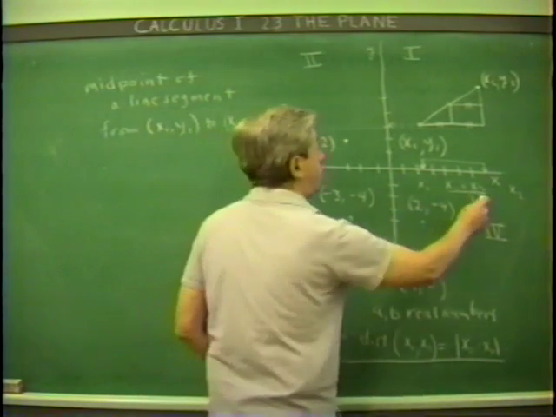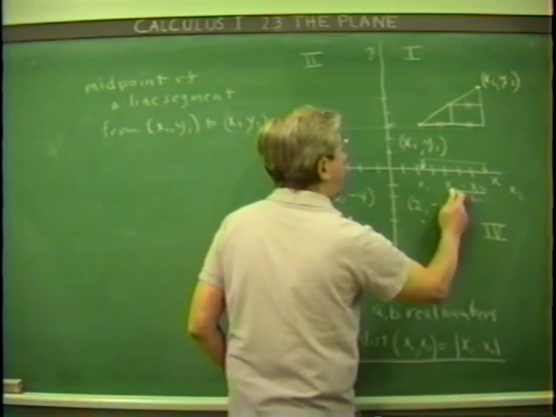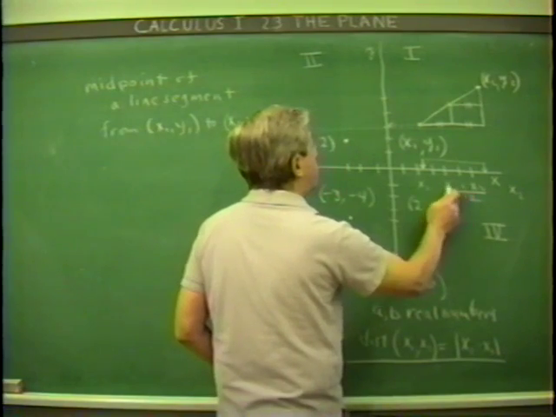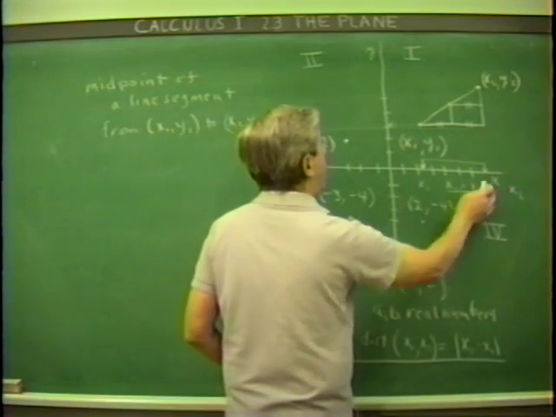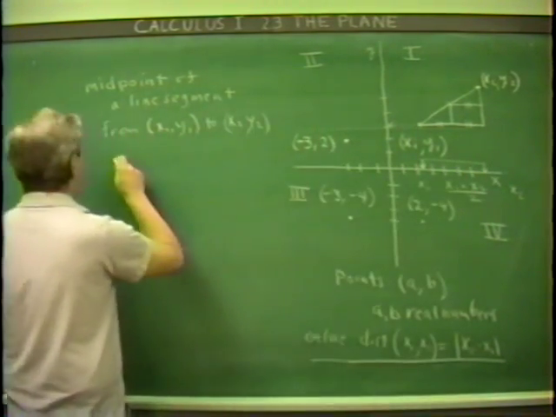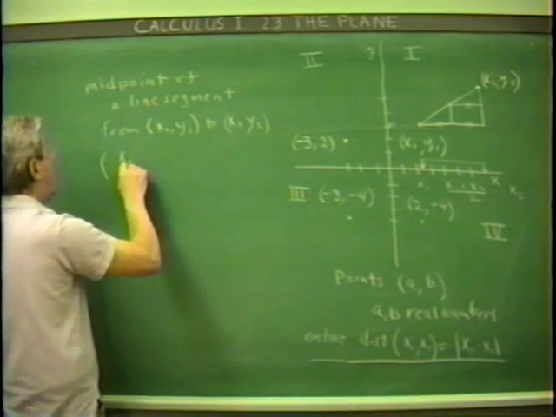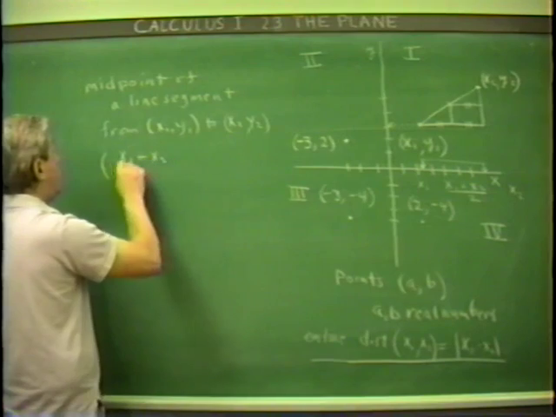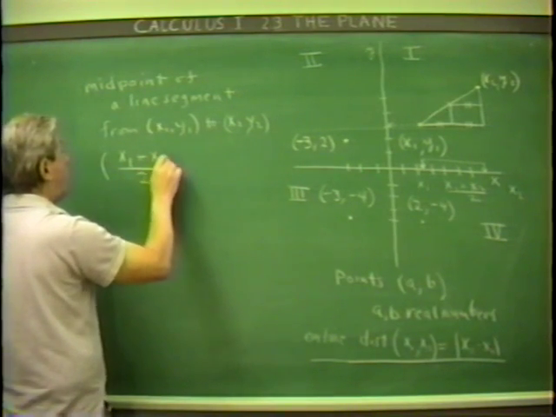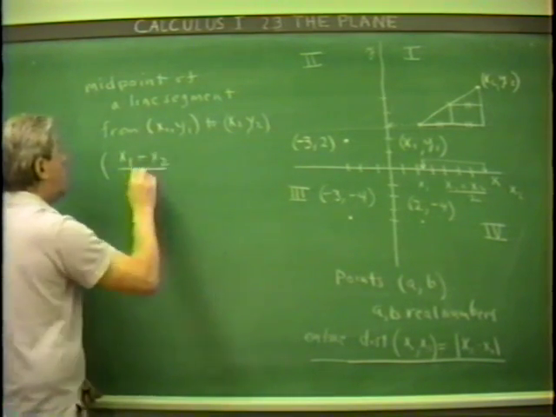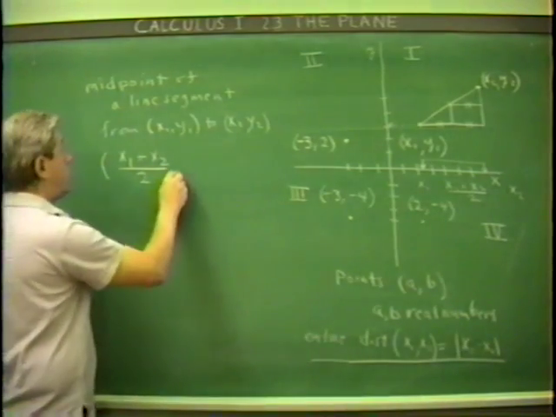Now it's real easy to check then that the distance from x2 to x1 plus x2 over 2 and the distance from this to x1 are exactly equal, so that the x-coordinate of this point is going to be x1 plus x2 divided by 2, the average value of the two x-coordinates.